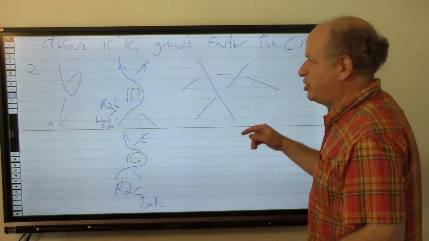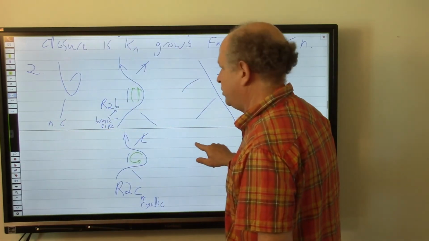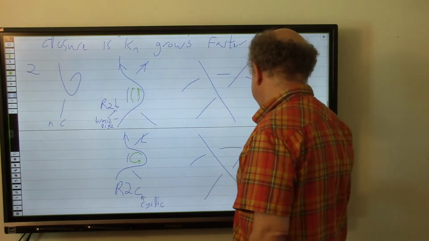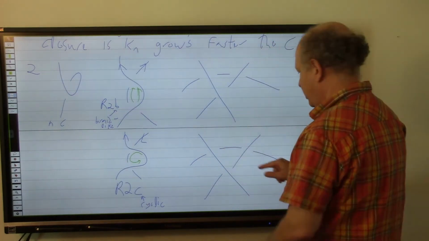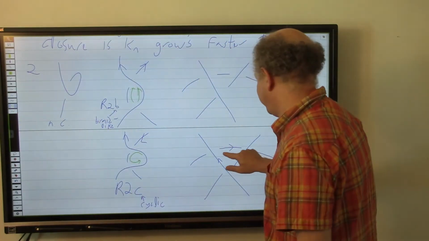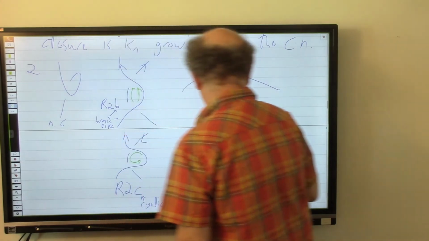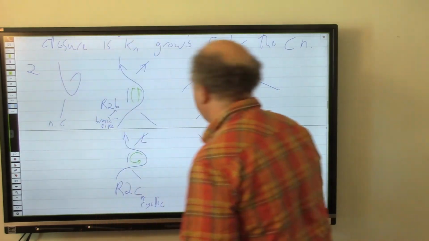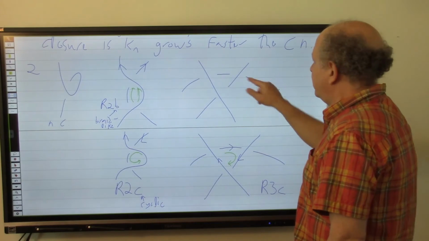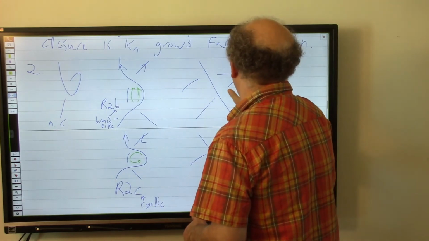Similarly, for Reidemeister 3, you can have either the cyclic case. The cyclic case is when the internal triangle makes a cycle. So there is a cycle here. Okay, and this I will call R3C. And here, sometimes the orientations do not allow you to make a cycle.